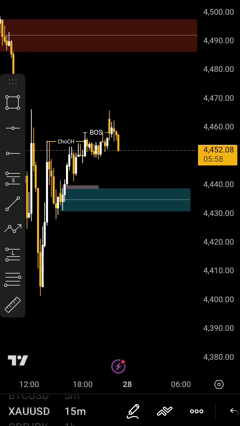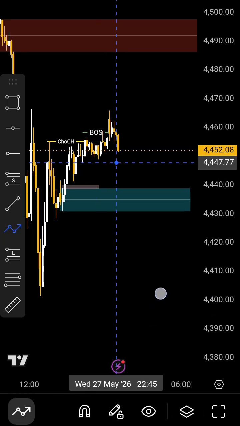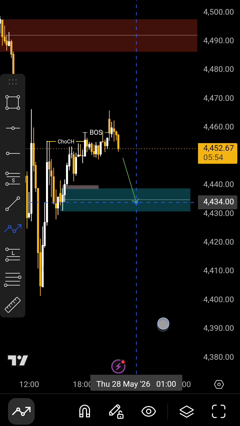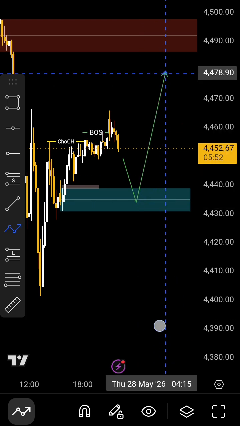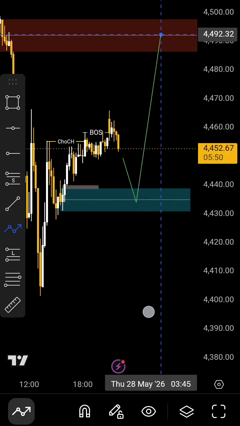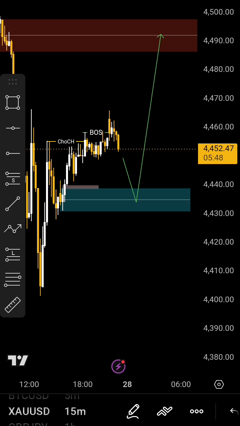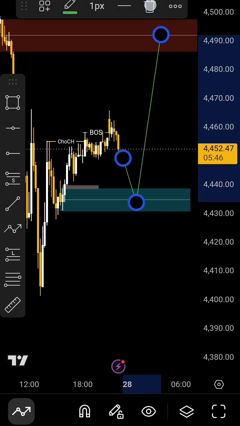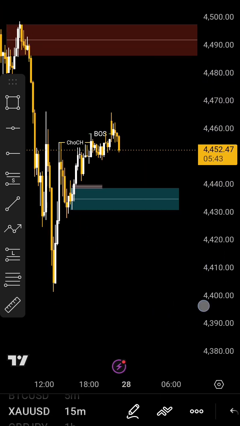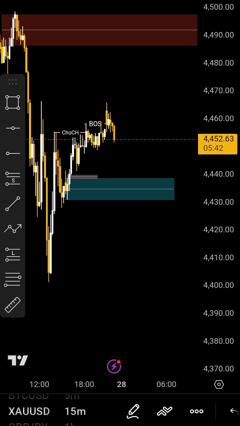So now we're expecting that price will come down into this other block, then it will buy into this, right? So if I'm to position, this is how I'm going to position this. Now this 15 minutes order block, I'm expecting the liquidity below it to be cleared.